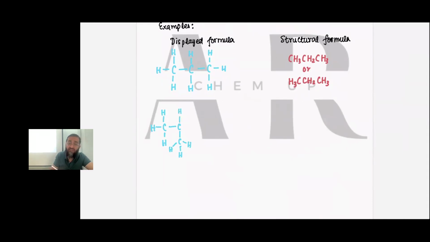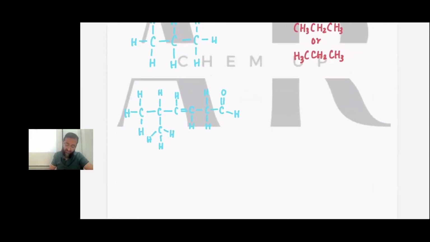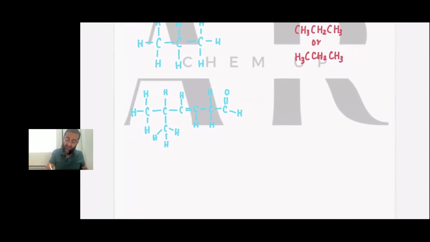Over here we have H. Then we have CH. Then we have double bond. Then we have CH. Then we have CH and H. And then I have C double bond O and then H. So see, how can I write its structural formula?